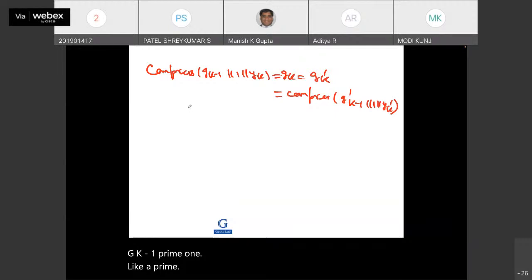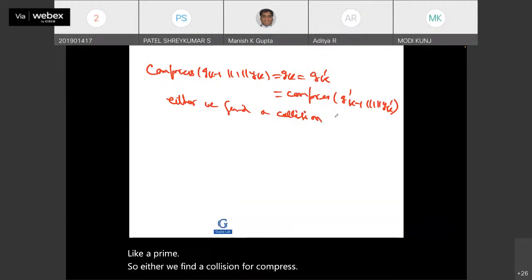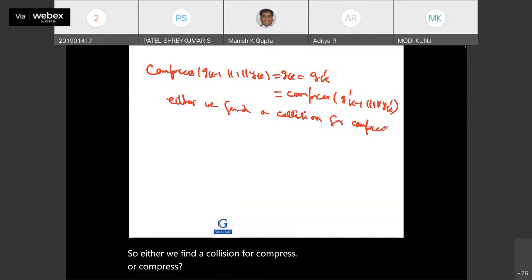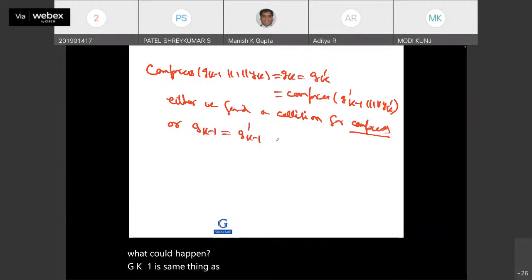So either we find a collision for the compress function, or what could happen? Gk minus 1 is the same thing as gk minus 1 prime and yk is equal to yk prime.